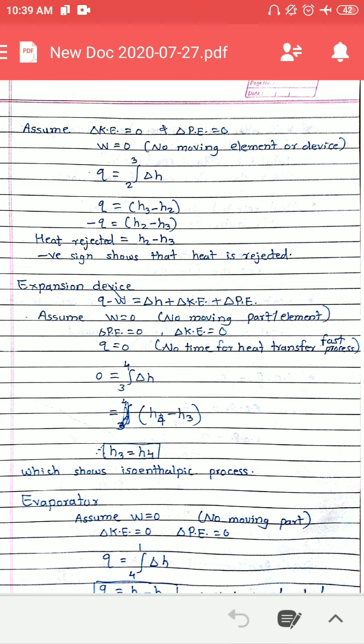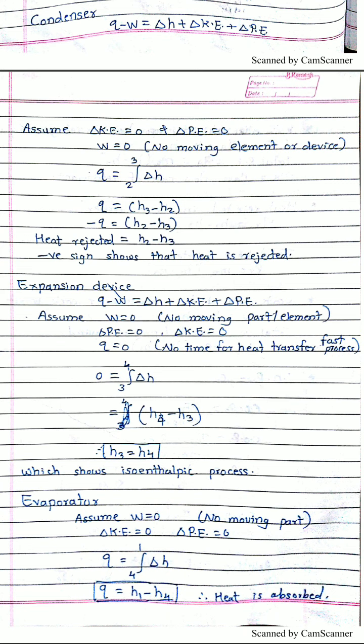For the expansion device, there is no heat transfer, so Q is equal to 0, because that is a very fast process. There is no time for transferring the heat, because as the expansion takes place, the pressure and temperature are both drastically reduced. Also there is no moving part, so work done is also equal to 0, and again the potential energy and kinetic energy change terms are both 0.